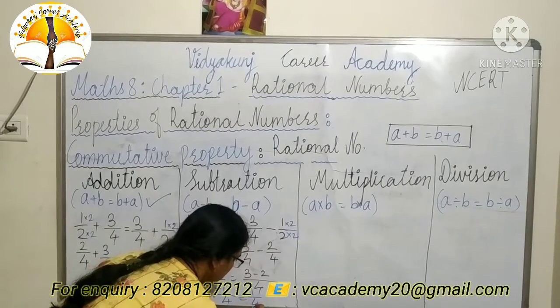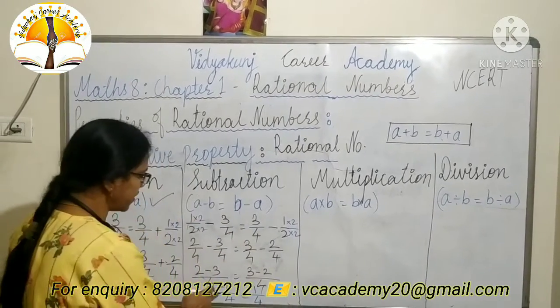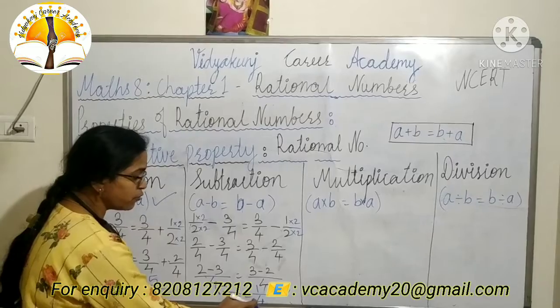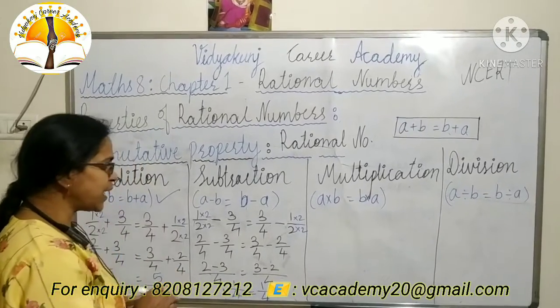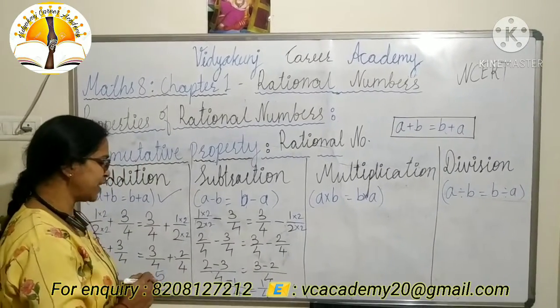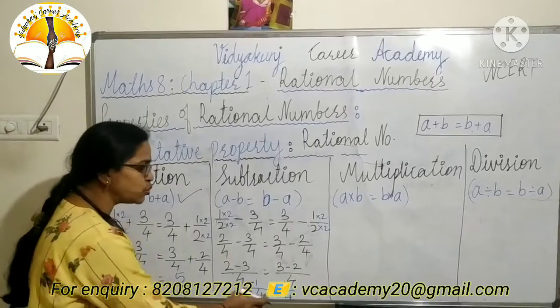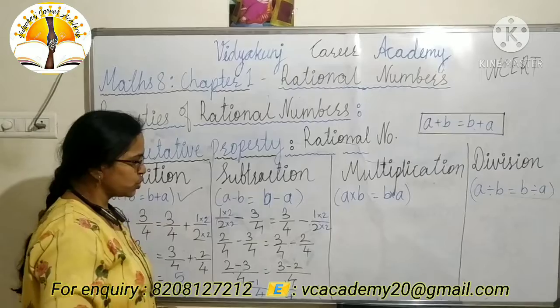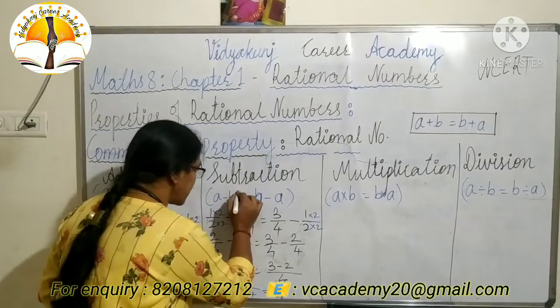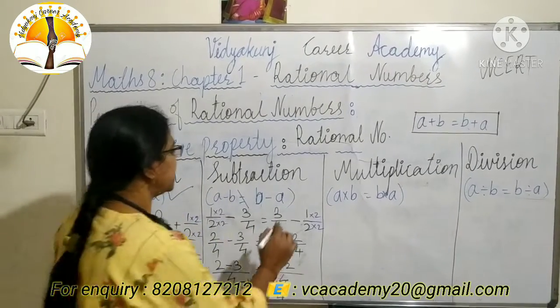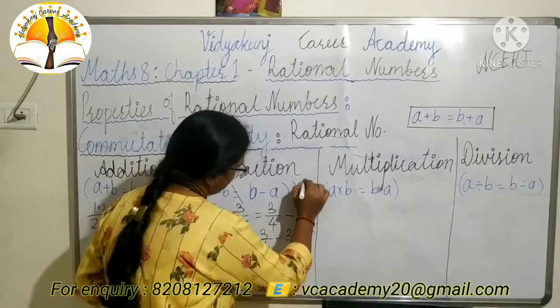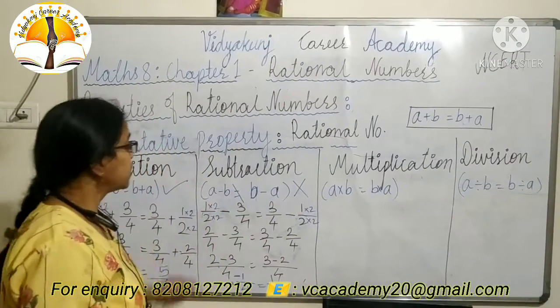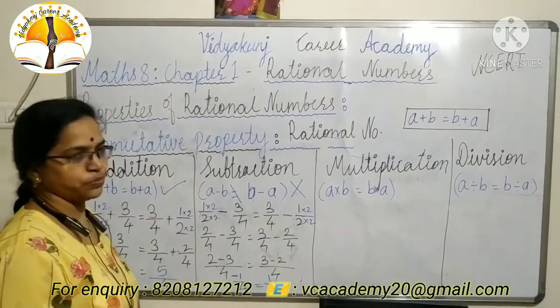So minus 1 by 4 here, 1 by 4 here. Are these answers same? No, these are not same. So these answers are not same. So these are not commutative. Subtraction is not commutative.